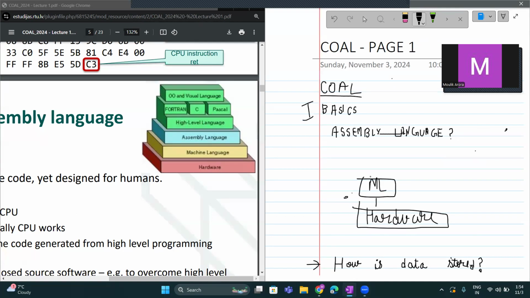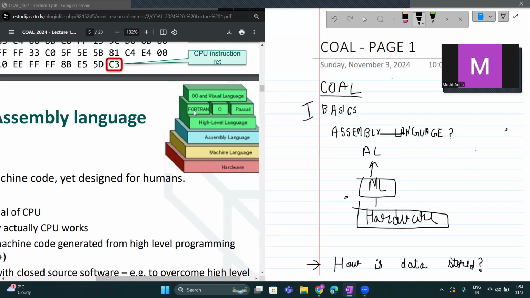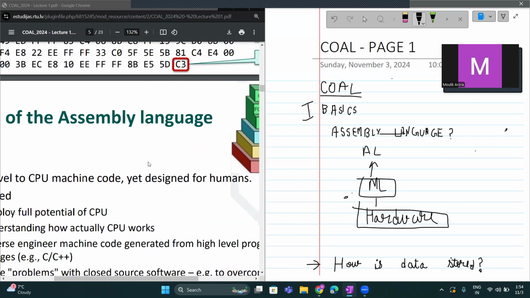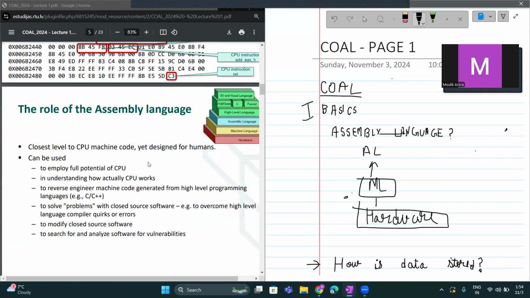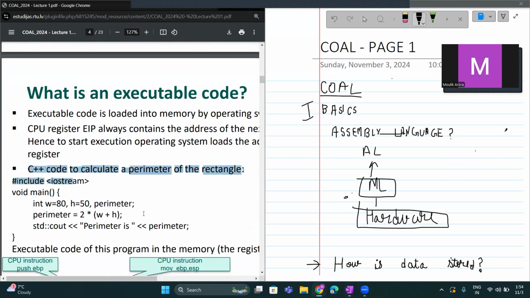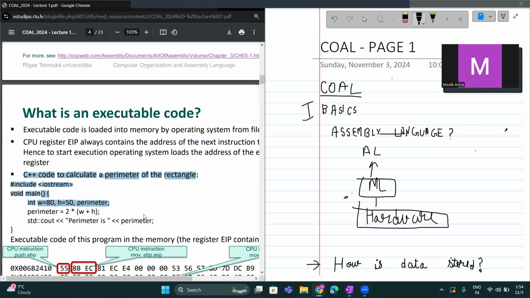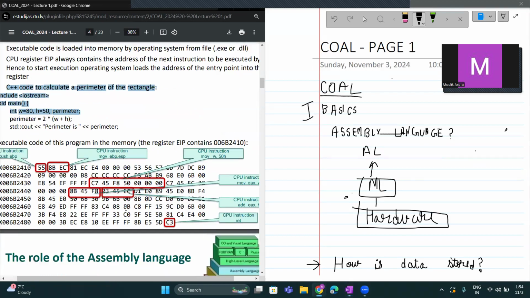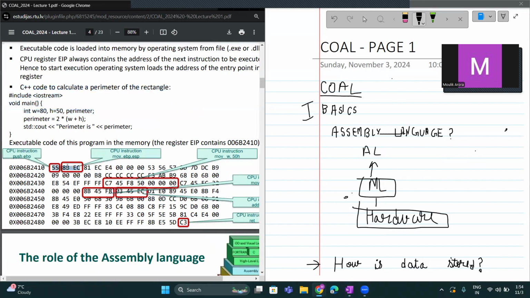And then comes the assembly language. Assembly language is, you can say, one level lower than high-level languages like C and C++. And every C++ or C code, we can see in the logs, uses basically assembly language.